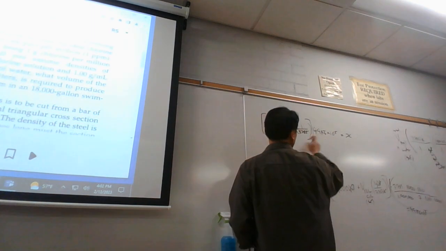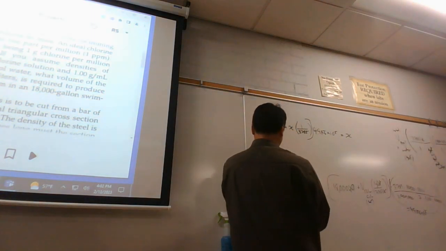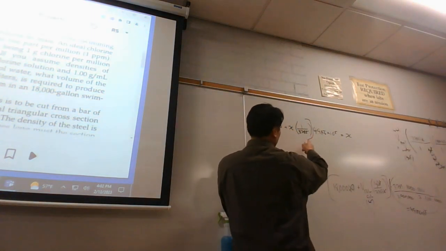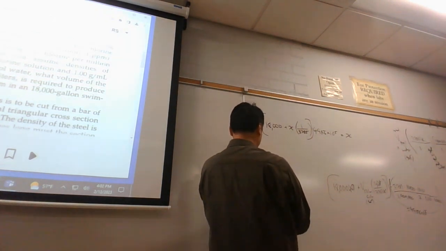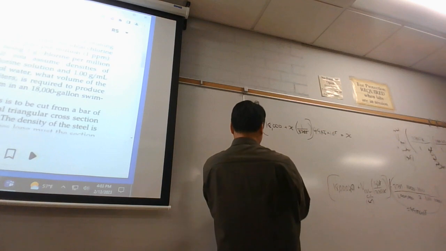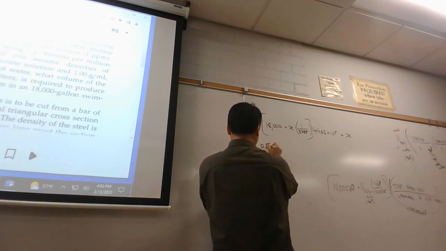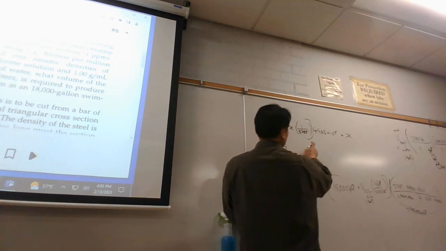X is what we're solving for, and that's going to be it. So now let's solve this for X. I'm going to get 4.9156 times 10 to the minus 5 times 18,000. That gives me 0.88480519. I'm just going to carry extra digits.